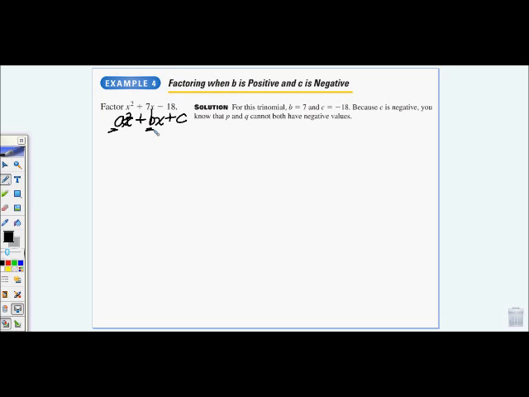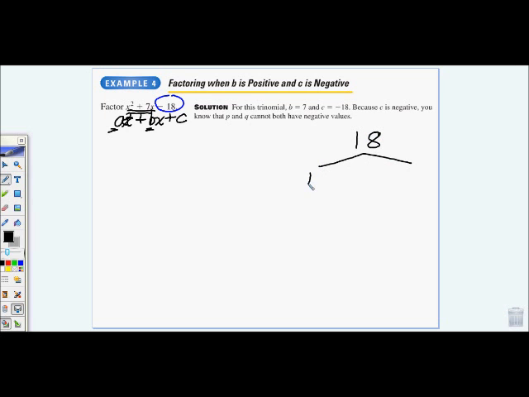So we have that the B is going to be a positive and the C is going to be a negative. Or the way I was referring to it is your product is going to be a negative and your sum is going to be a positive. So how do I get a negative product? I have to have a negative and a positive.